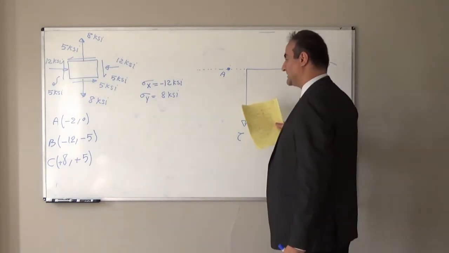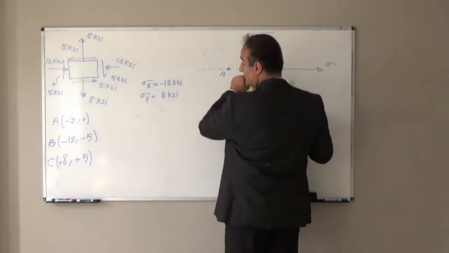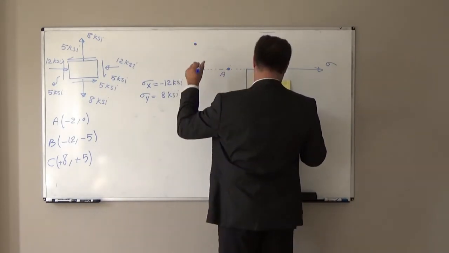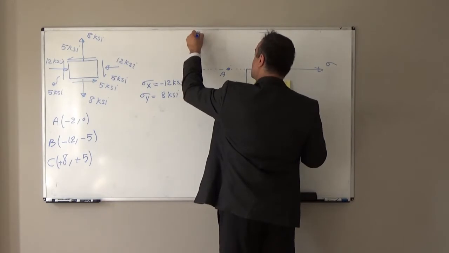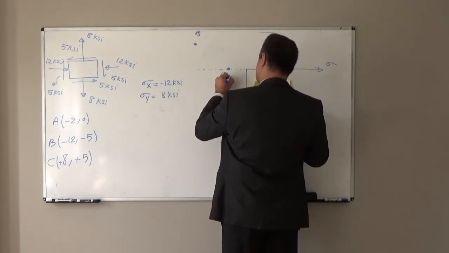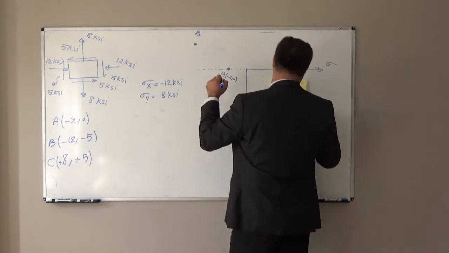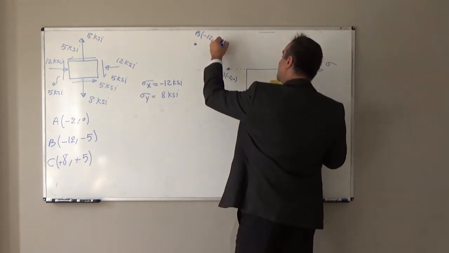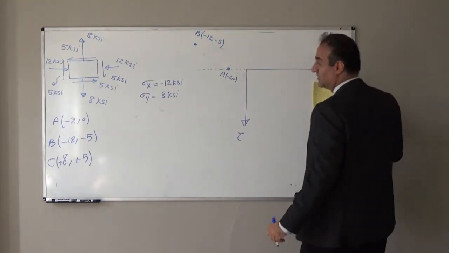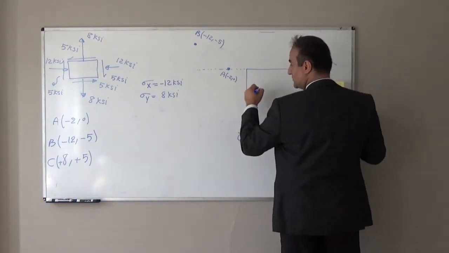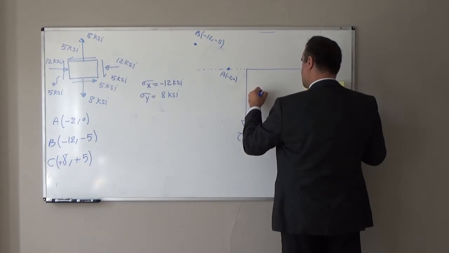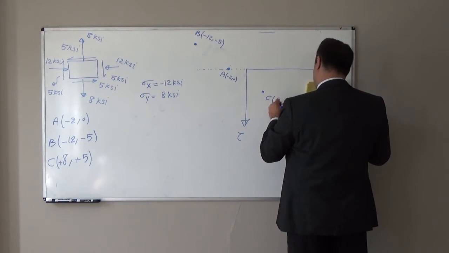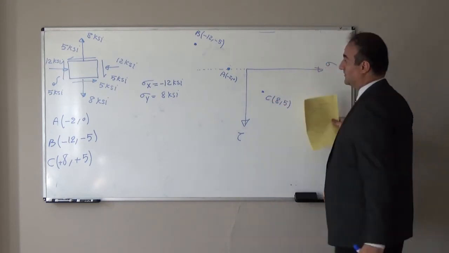The x phase is negative 12, negative 5, for example, something like this. We call it point B. Point A coordinate is negative 2 and 0. Point B coordinate is negative 12, negative 5. And we have point C coordinate, for example, positive 8, positive 5.